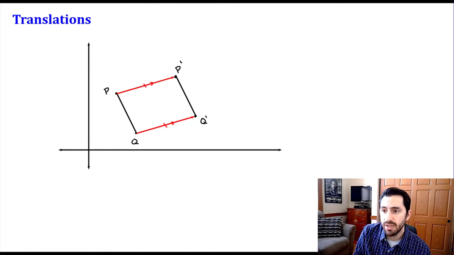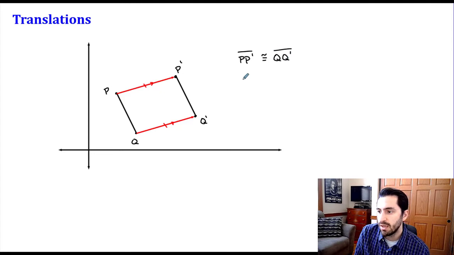So a couple statements I can write: I can say that the segment P P prime, the segment that connects P to its image, is going to be congruent to the segment Q Q prime. And I can also say that these two segments are parallel to each other.